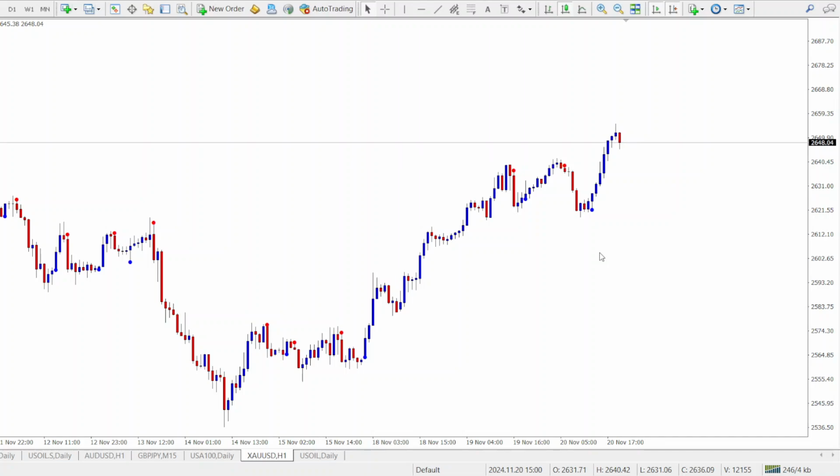Basically, the indicator displays buy and sell signals using visual dots on the price chart. The red dot above the candlestick represents a sell signal, and the blue dot below the candlestick represents a buy signal. Also, this indicator offers multi-time frame alerts.